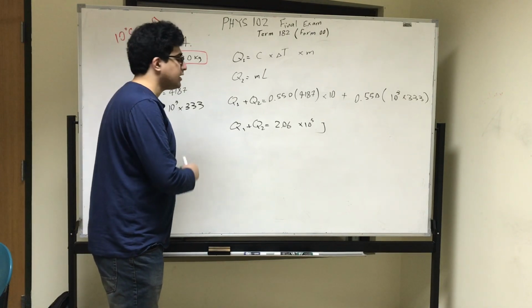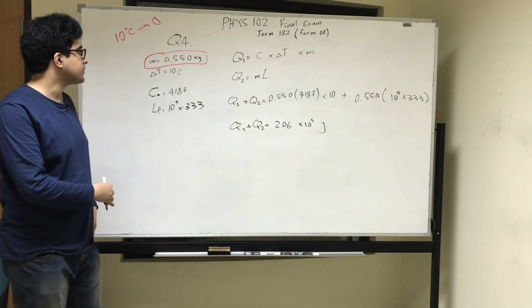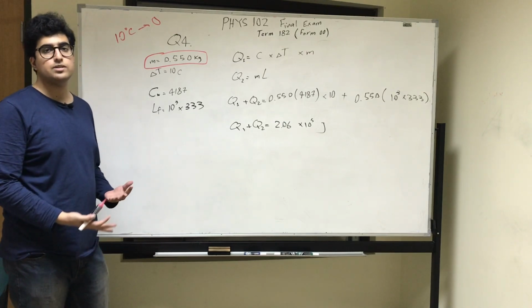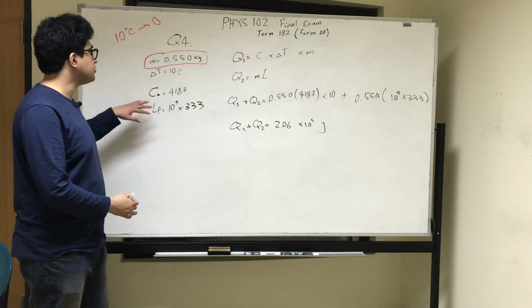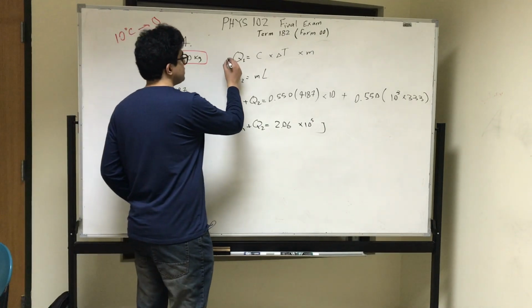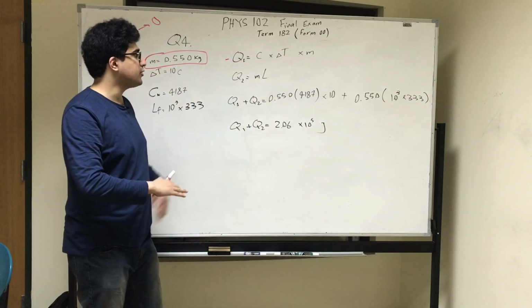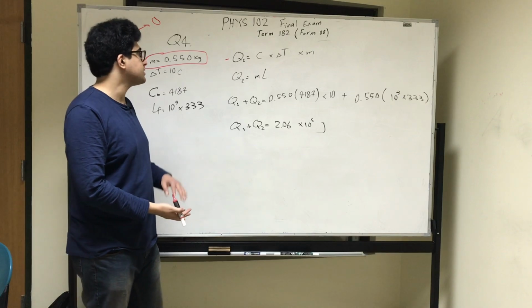The question is asking how much energy we lost from the water, or how much energy we need to do this whole process. The first process is when the water changed temperature from 10 Celsius degrees to 0 Celsius degrees.